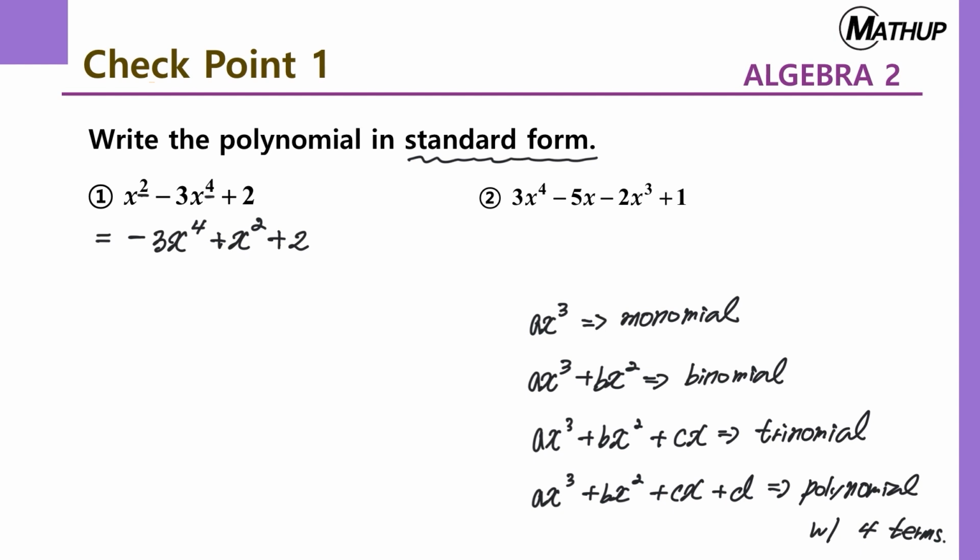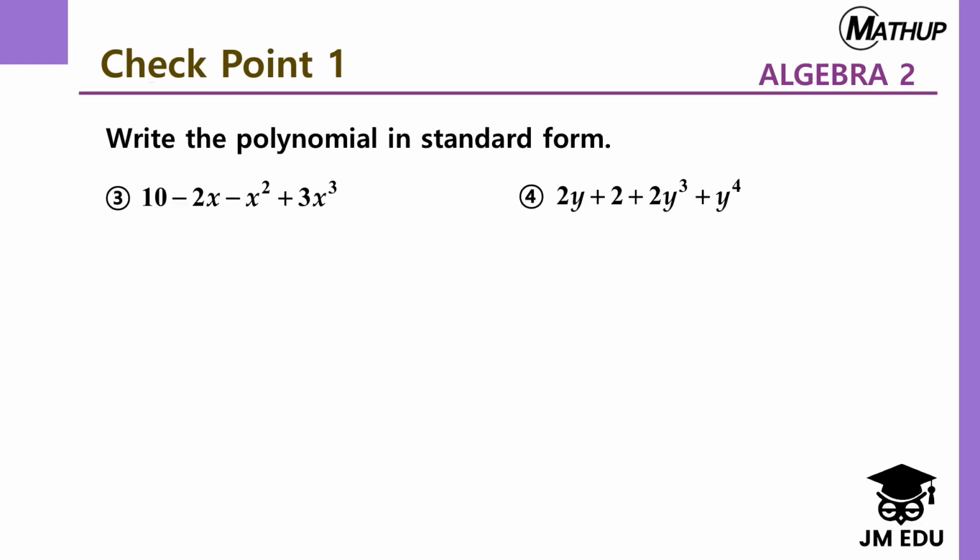Okay, for number 2, degree 4, 3, 1, 0, right? So this should be written as 3x to the 4 minus 2x cubed minus 5x plus 1.